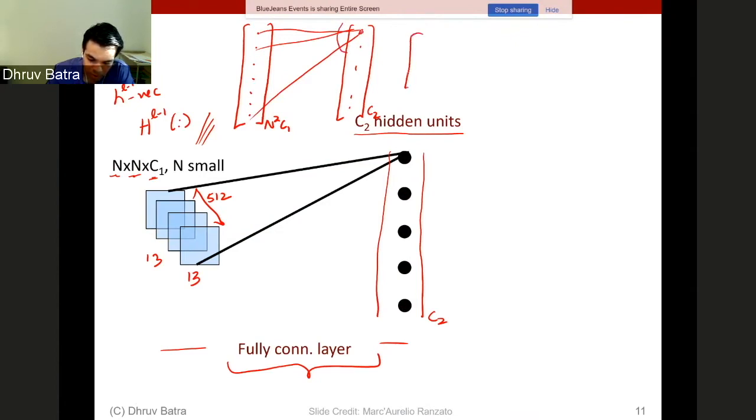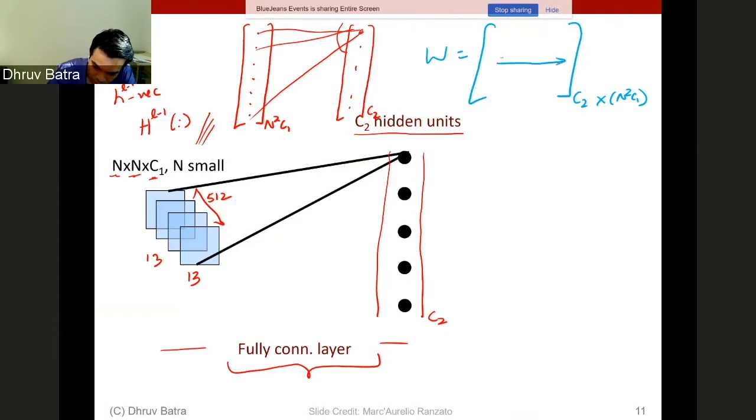There's going to be a weight matrix W, and that weight matrix is going to have C2 times n squared C1 entries, where the ith row, W_i, will correspond to the ith neuron here, and it'll be connected to all of these pixels.